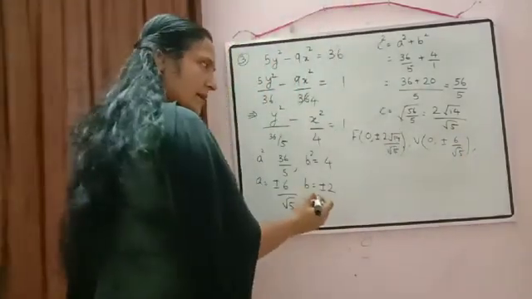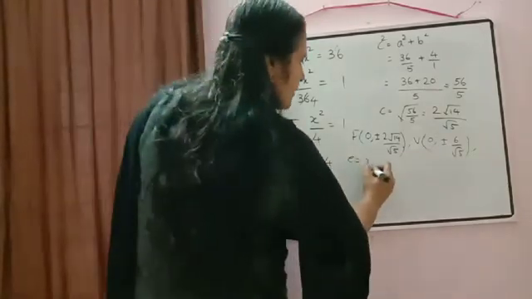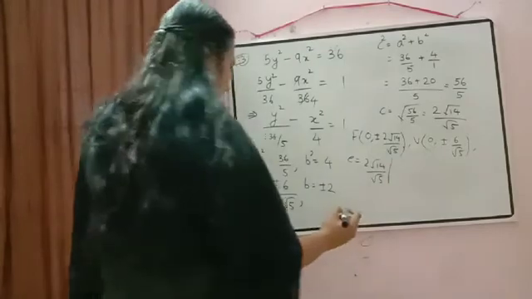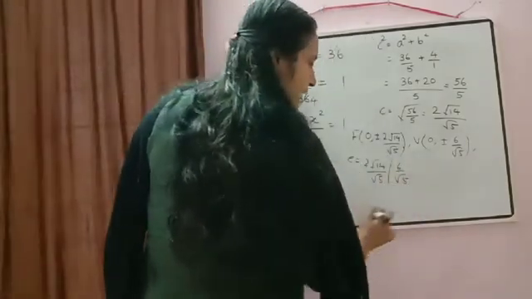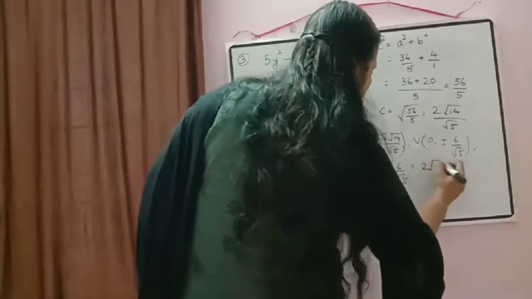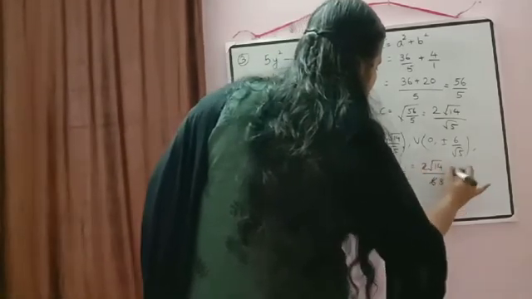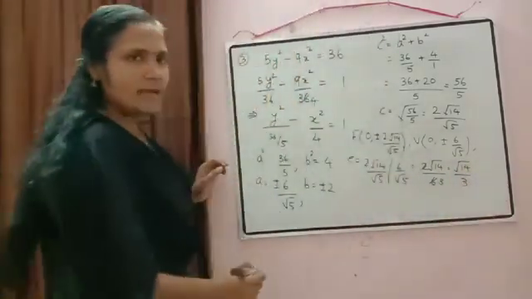Then eccentricity. Eccentricity is equal to c by a. So 2 root 14 by root 5 divided by 6 by root 5. Root 5 and root 5 will get cancelled. Remaining it will be equal to 2 root 14 by 6. So 2 and 6 also will get cancelled. We'll get here root 14 by 3.